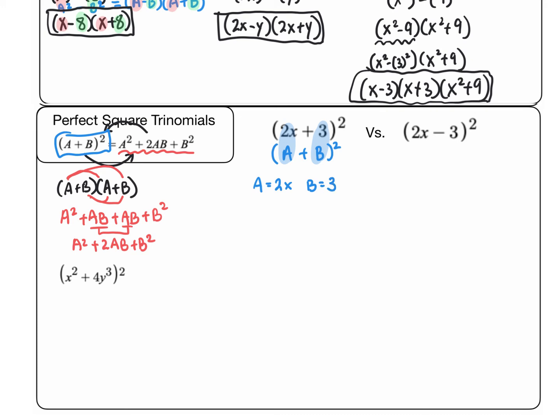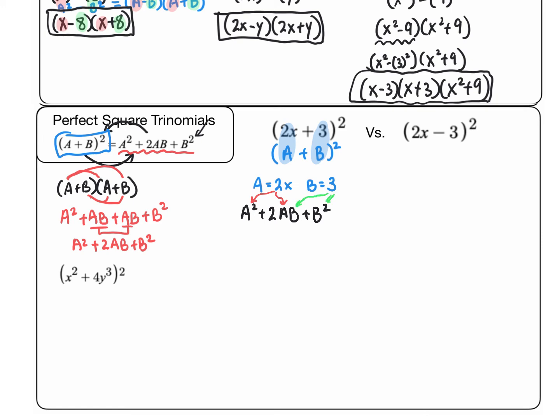And so what I'm going to do then is copy down the right-hand side and say a squared plus 2ab plus b squared, and basically throw into each part, for every a, that's going to turn into a 2x, and for every b, that's going to turn into a 3, and then I'm going to multiply it out.